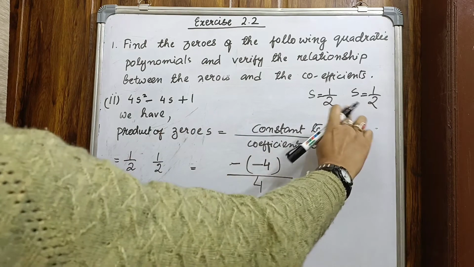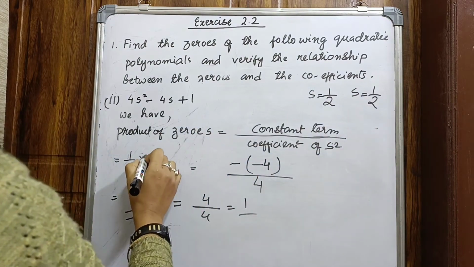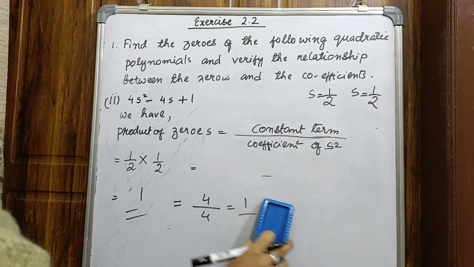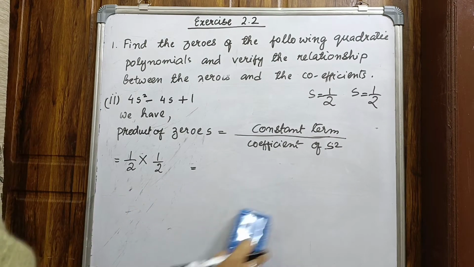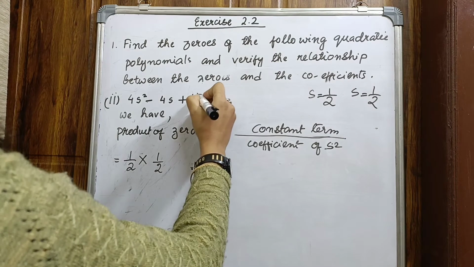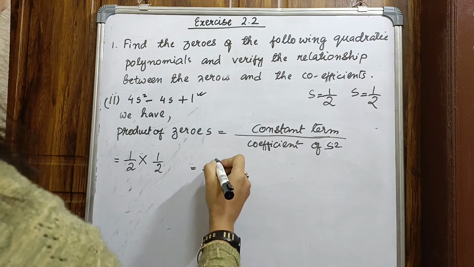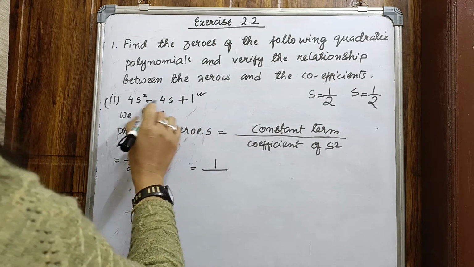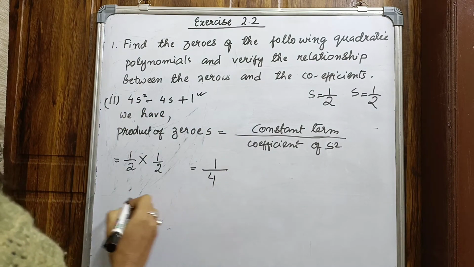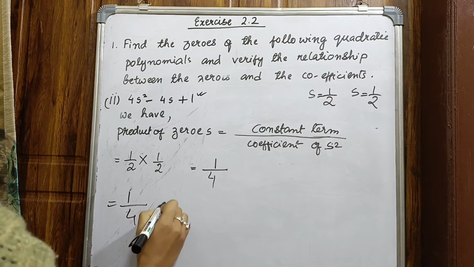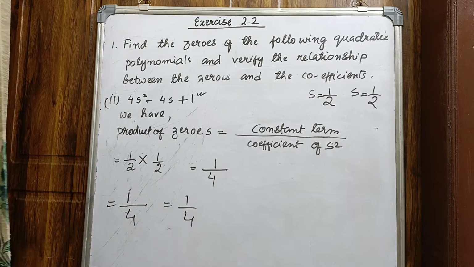So the product of zeros is half into half, 1/2 into 1/2. What is the constant term? The constant term is 1, and the coefficient of s square is 4. So it is 1 by 4. Now it is verified. See the relationship between the zeros and the coefficients.